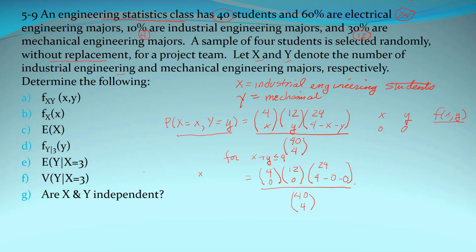And if we work it all out, the first part turns out to be 1. 4 choose 0, there's only one way to do that. 12 choose 0, there's only one way to do that.